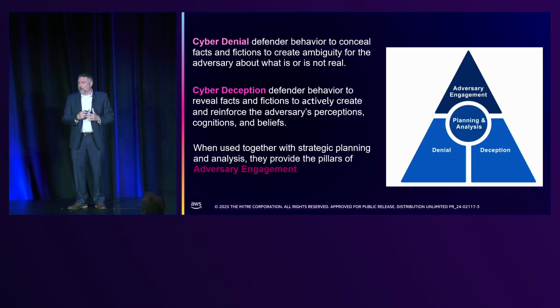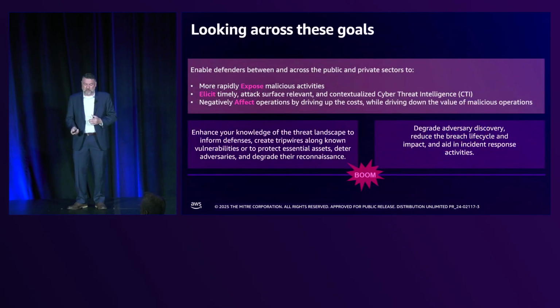And that's really where strategic planning and adversary engagement comes into play, the planning and analysis to shape your next steps. So let's look at that. The idea is that you're looking to expose malicious activities rapidly and earlier.